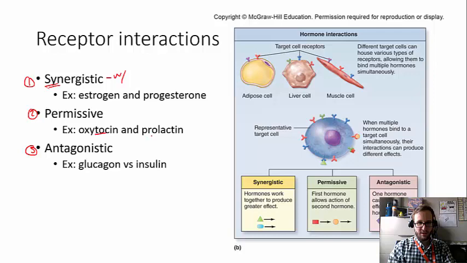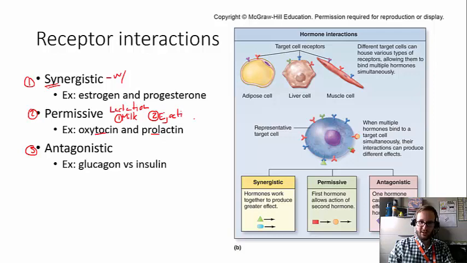Another one is permissive. What we've listed here are oxytocin and prolactin, and in this example both hormones are needed to have one result. For example, lactation has two things that have to occur. One, you have to have milk, and two, the milk has to be ejected.